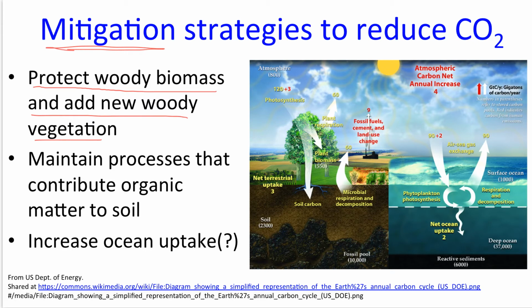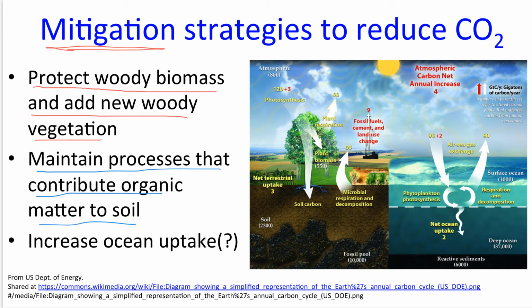Additionally, this is thought about less, but I think is at least as important. It's important that we maintain processes that contribute organic matter to the soil rather than removing it from the soil. And so there's agricultural ways we can do this. One is by doing no-till agriculture, which has a variety of other benefits and I think is increasingly important in commercial agriculture.